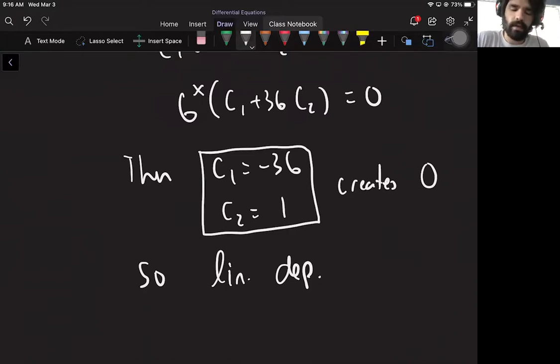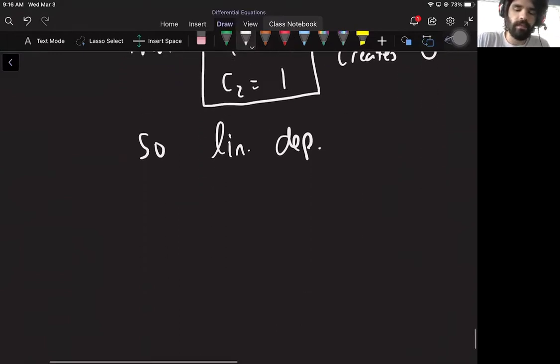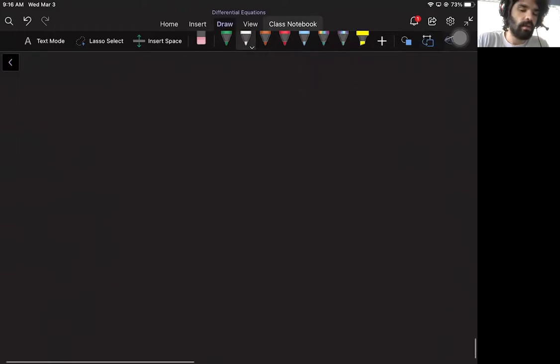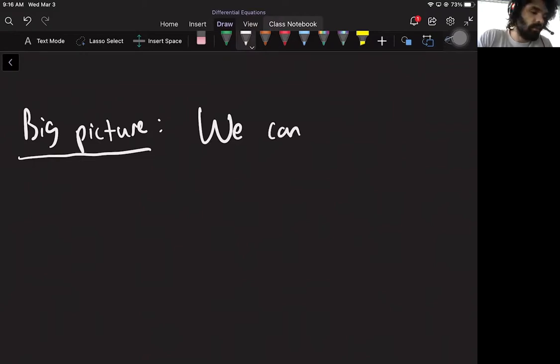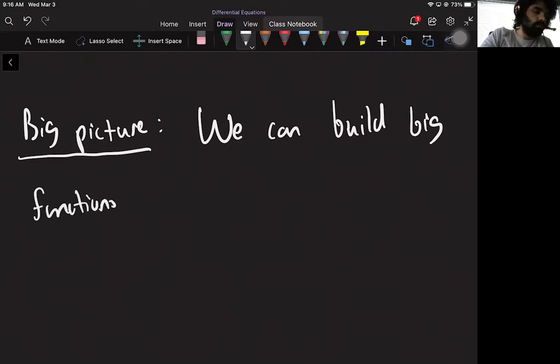Okay. All right. So that's like the do stuff. So the stuff you have to do, show independence and dependence. But just to take things from a higher perspective for a second, just to think about the stuff we've been talking about. Like, what is all this really doing? So here's the big picture. So the idea is that linear combinations you should think about as ways to build big functions from smaller ones.